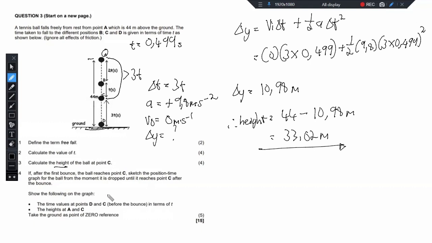And then show the following on the graph. This is where we'll get our marks. We need to indicate the time values at point D and C before the bounce in terms of t. Note that in terms of t, we are not supposed to show any values, then the heights at A and C, and we must also take the ground as the 0 reference point.